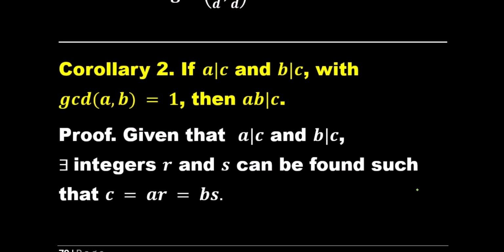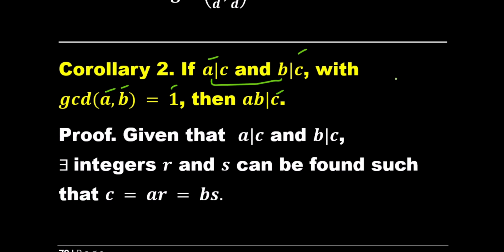Corollary number 2, this is also a very important corollary. This corollary says if a divides c and b divides c, that is a and b are two divisors of c, such that the GCD of a and b is equal to 1, then ab, the product of a and b, must divide c. This is also very important.